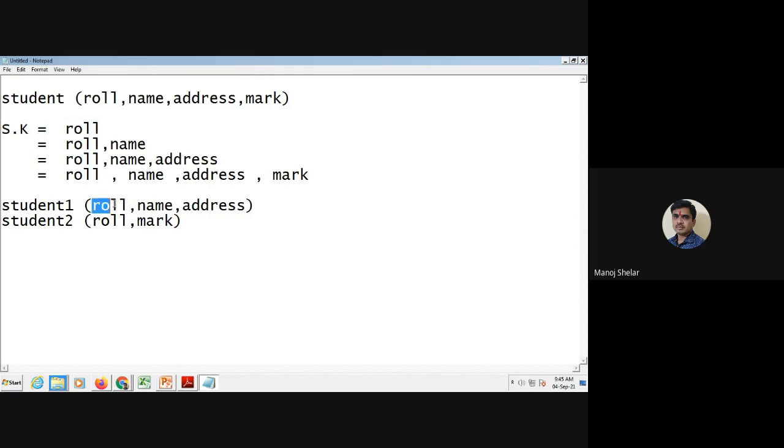So roll number is a super key, and suppose roll number is also a candidate key.